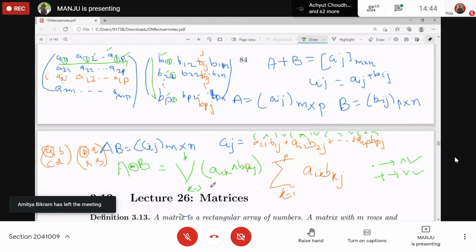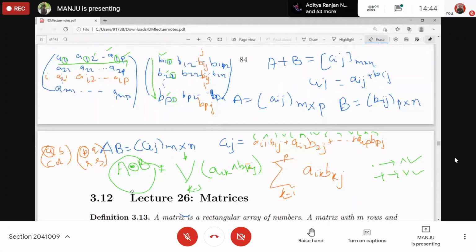Understood? If you vary this k from 1 to p, you will get this element. This is the ijth element for this matrix. Okay, that I'll discuss. Do not worry about it.